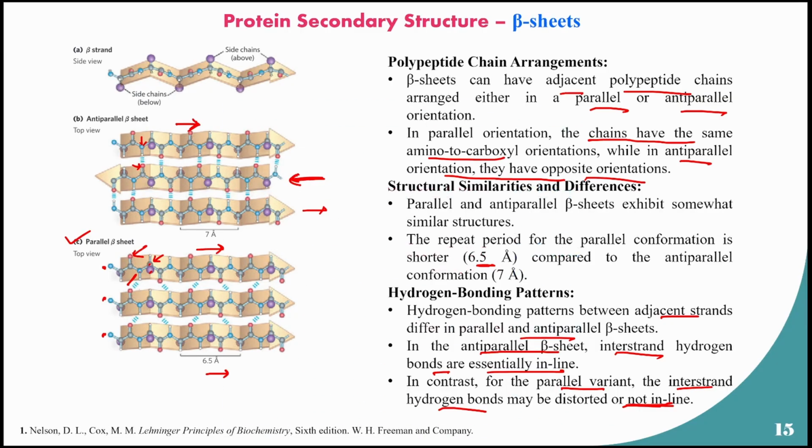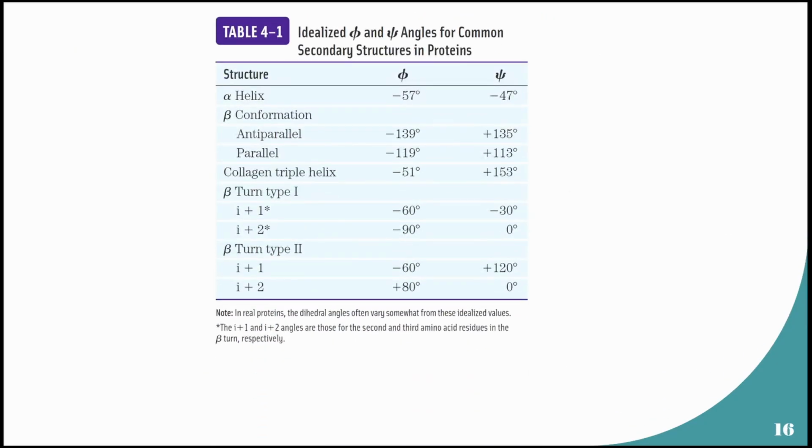Okay, and then we also know that the dihedral angle patterns, the phi and psi angle patterns of these secondary structures, also have a little bit of difference between them. This table gives information regarding the idealized values of phi and psi angles that tend to be seen in these secondary structures.